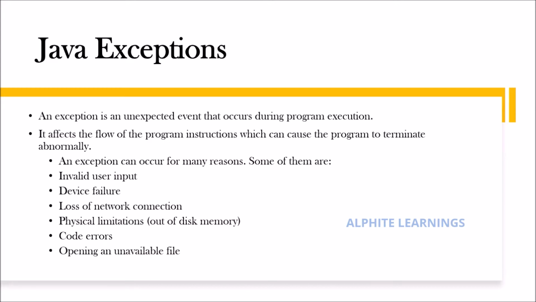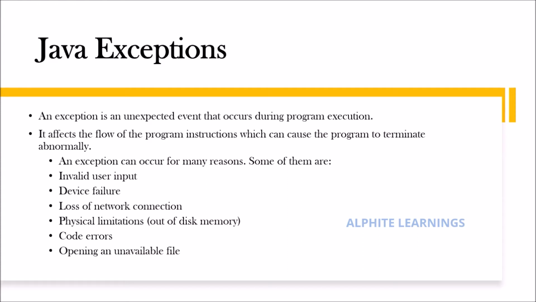Obviously, a program is not going to give you positive results every time. There are certain times that it will go wrong. Errors may occur due to bad programming, or wrong programming, or due to some unavailability of resources.